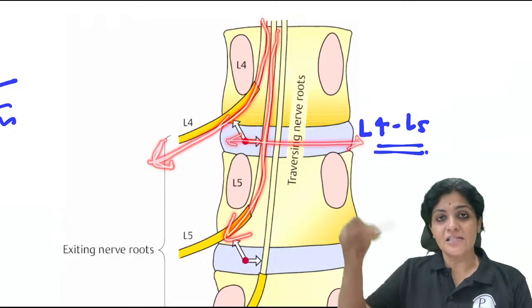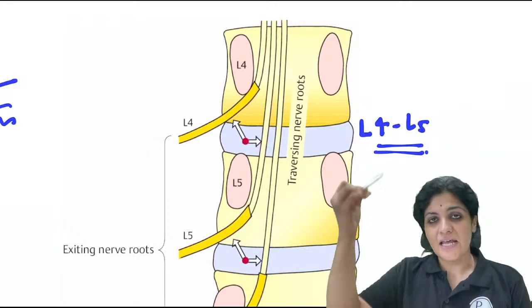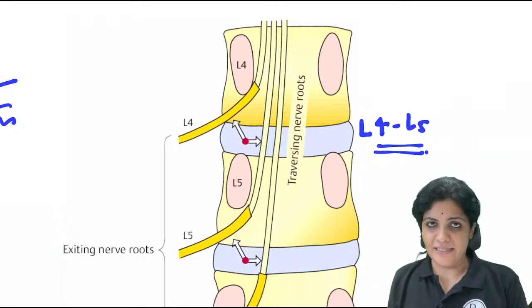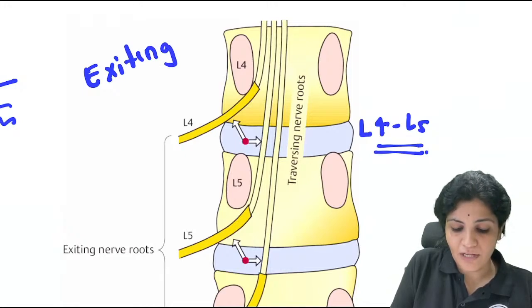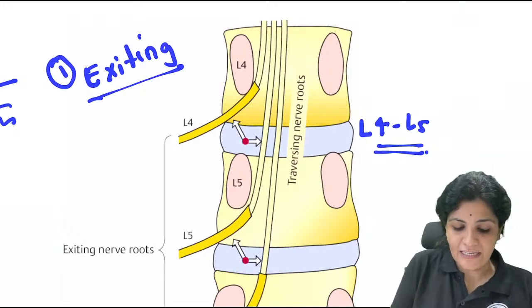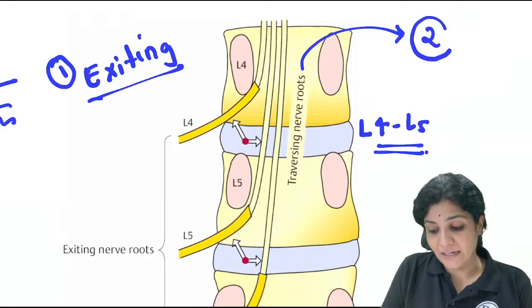Traversing meaning it is going through that particular disc, traveling on the back of the disc. So there are two important nerves you have to remember. One is the exiting nerve root and the second one is the traversing nerve root.